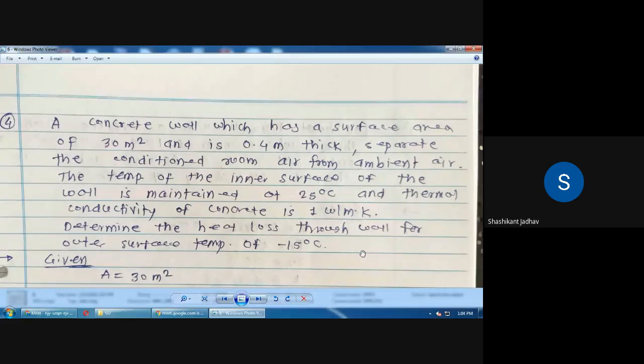Okay, it is a very simple problem. We know the Fourier's law of heat conduction, that is Q is equal to K into A into dT by dx.